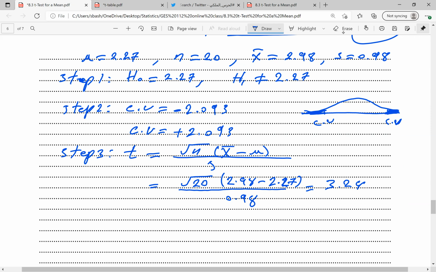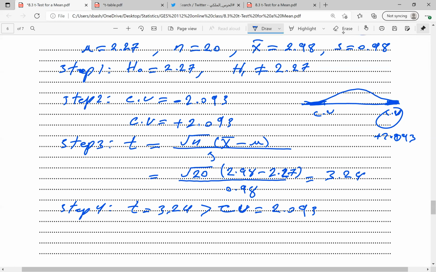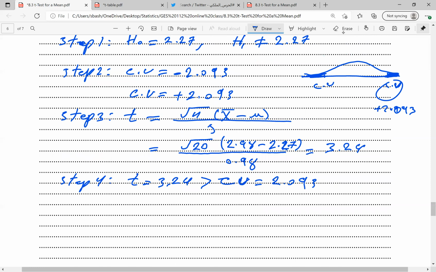So you can see that in step number 4, to compare, t, which is equal to positive 3.24, is greater than the right critical value, which is 2.093. We compare to the positive one, positive to the right, and we will compare to the right critical value.